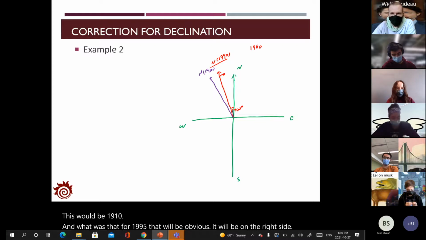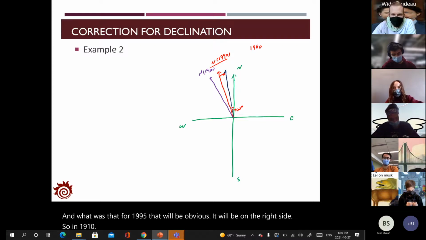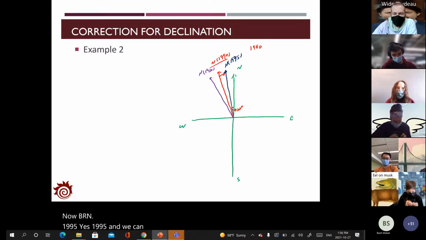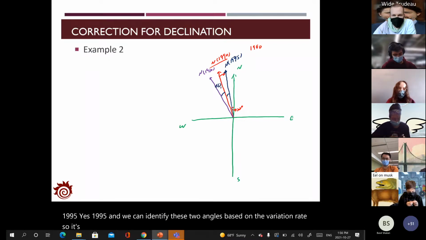So in 1910, that will be north. 1995, yes, 1995. And we can then identify these two angles based on the variation rate. So let's say this is delta D1, this is delta D2.